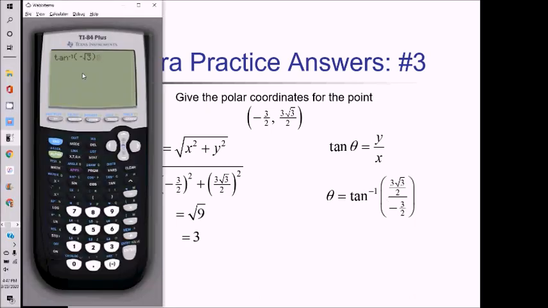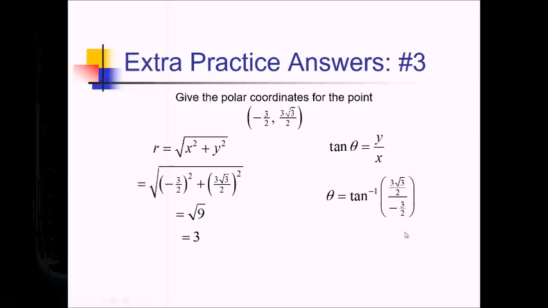So here we go. Tan inverse of -√3 comes out to -60, but we always have to double check with these to make sure that the angle our calculator gives us actually matches the same quadrant as the point that they gave us. So the point that we have up here, negative x value, positive y value, that's over in quadrant 2.